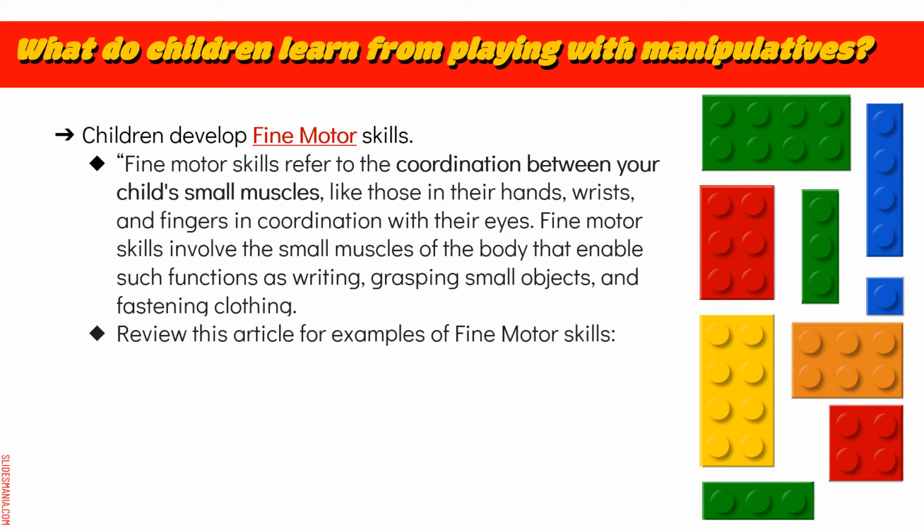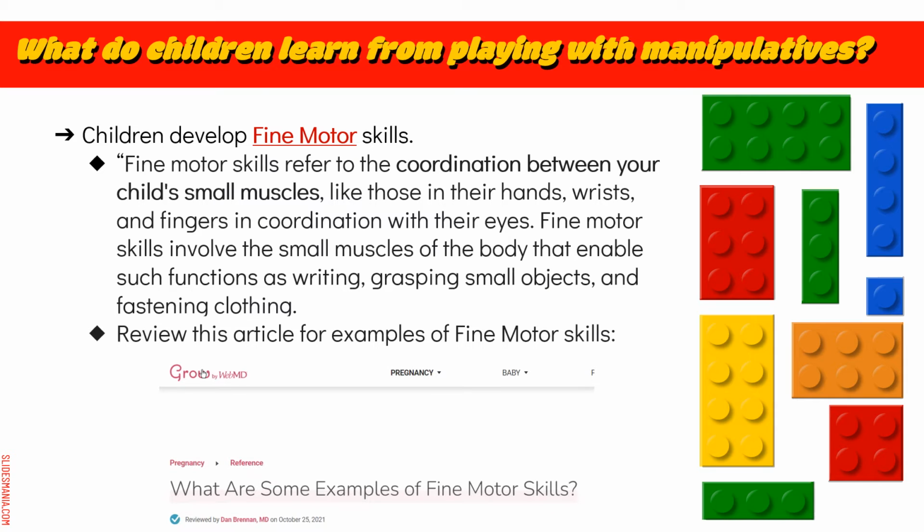Next, in our in-class one, we're going to review an article that shows lots of examples of fine motor skills. You're encouraged to also check out this article using the slides presentation, where you can click on this link to see some examples of fine motor skills.